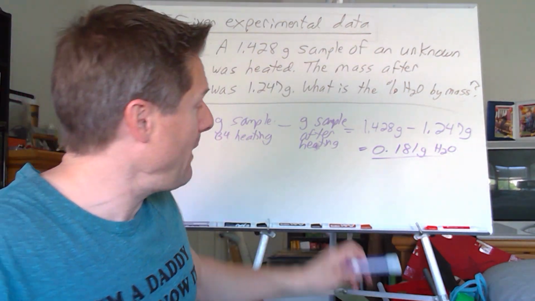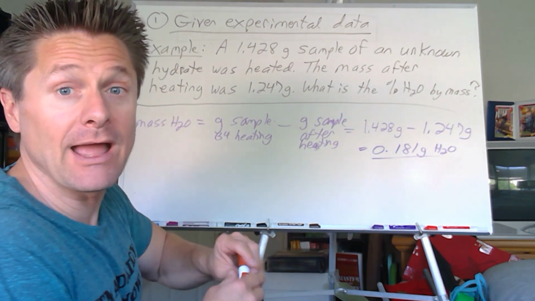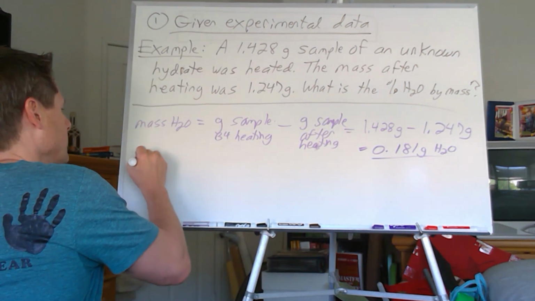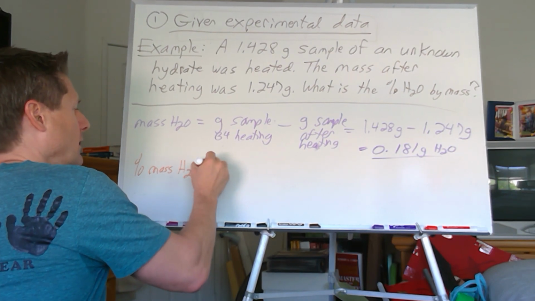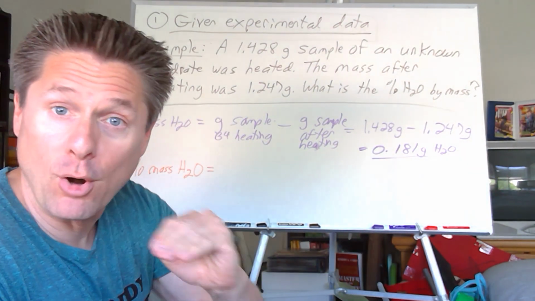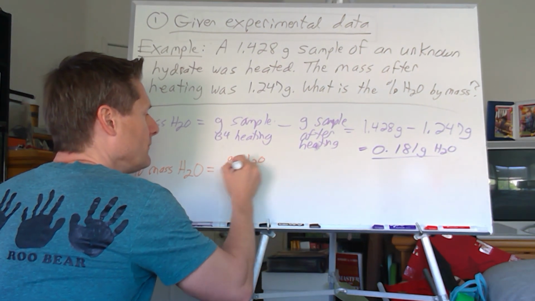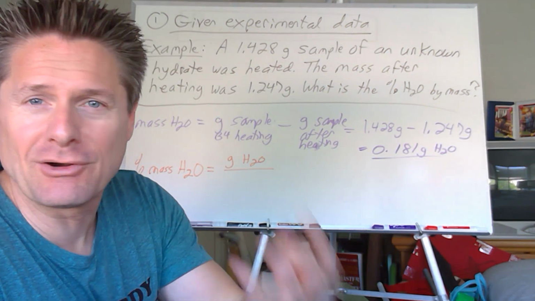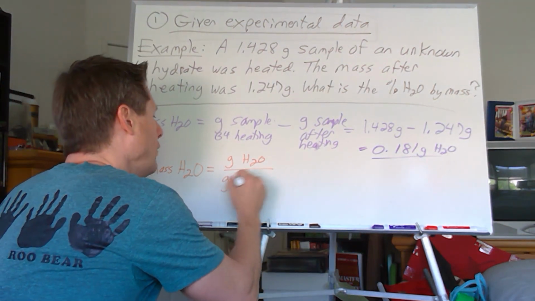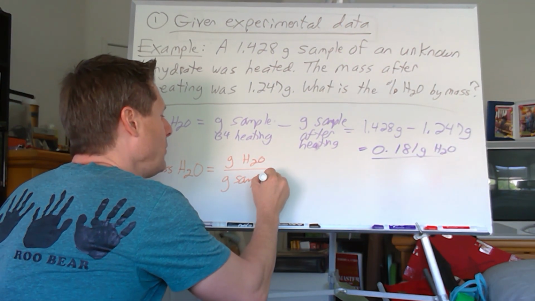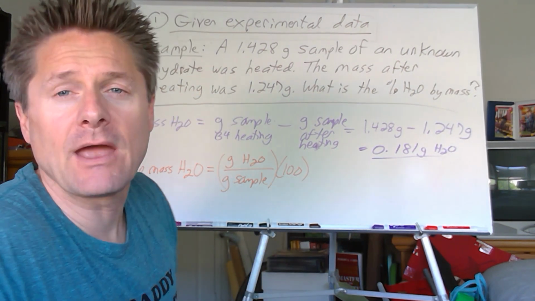So we know the mass of the water, which is the portion of interest we're after. So now we can calculate the percent mass. So we'll put our equation, and again, that's a part over whole. The part's the water. So that'd be grams of water. We could have done just oxygen or hydrogen or something if we had more data, but we're interested in just the water. Over the grams of the sample. And we take that ratio times 100.